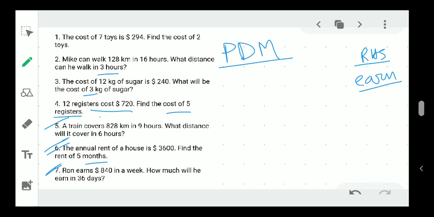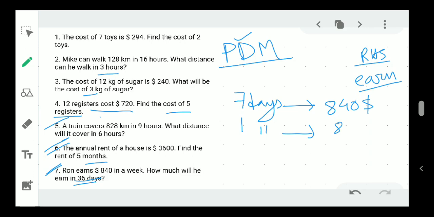So I know that Ron earns this per week. So in a week there are 7 days, because I have to find out in days. So 7 days will give him $840. So 1 day will give him, division, that is 840 by 7 dollars, that is 120.